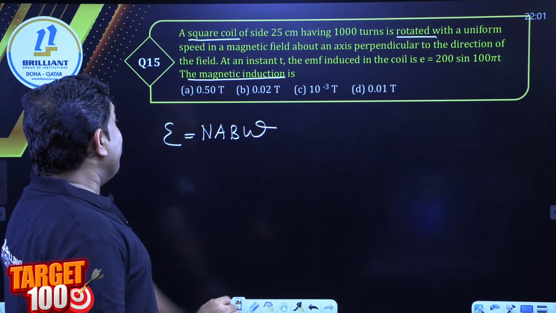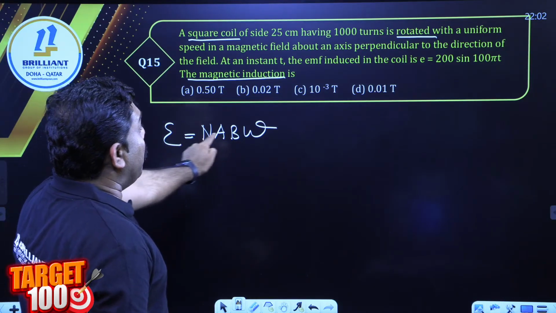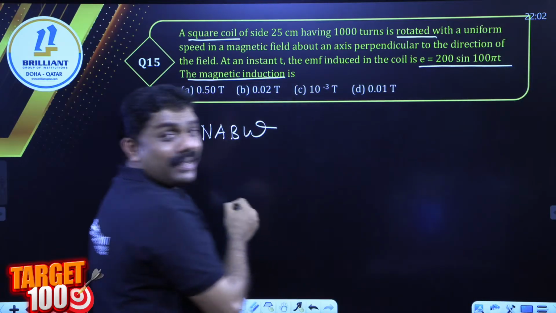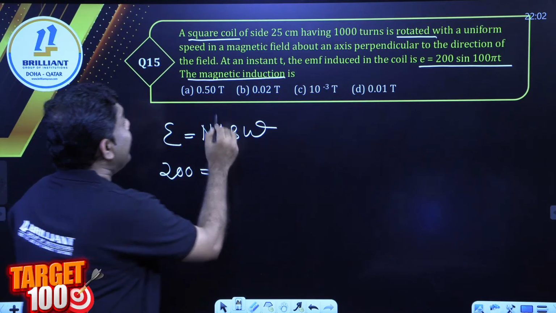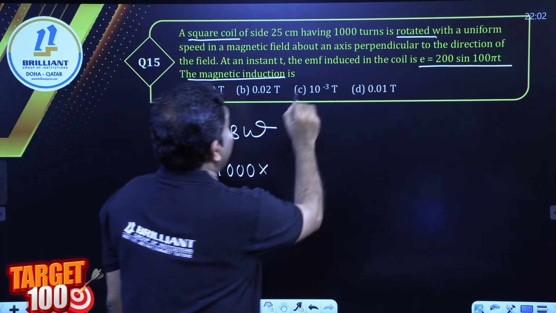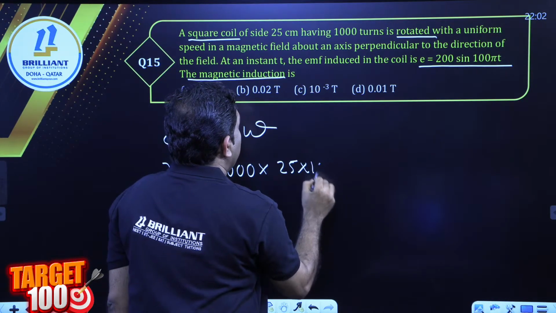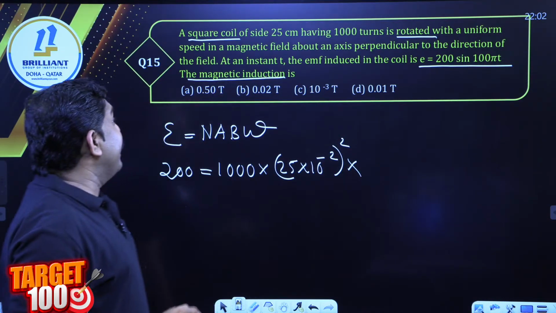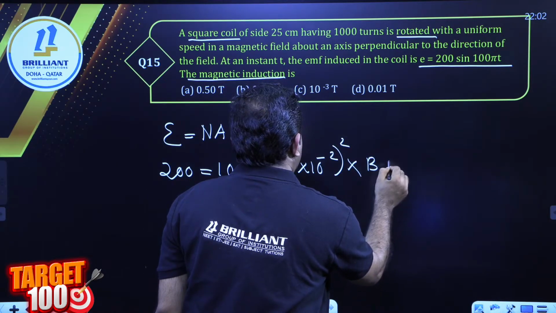And then the problem here, omega is not given and the maximum EMF is not given, but they are given in this equation. What is the maximum EMF? That is 200. And N value is given, that is 1000. Area is given in the question, square coil, so 25 into 10 raised to minus 2 whole square. Magnetic field is what we have to find, the magnetic induction.